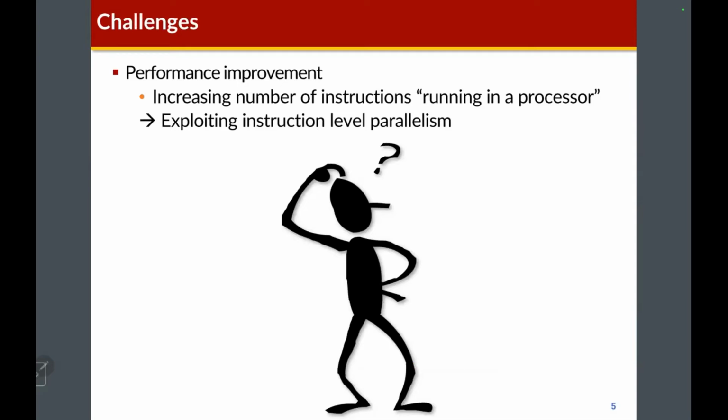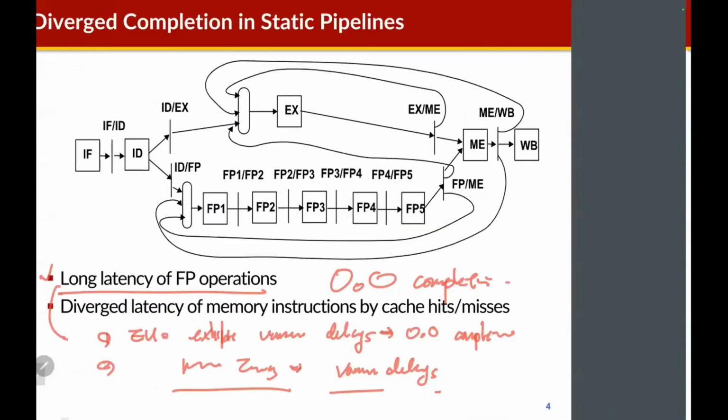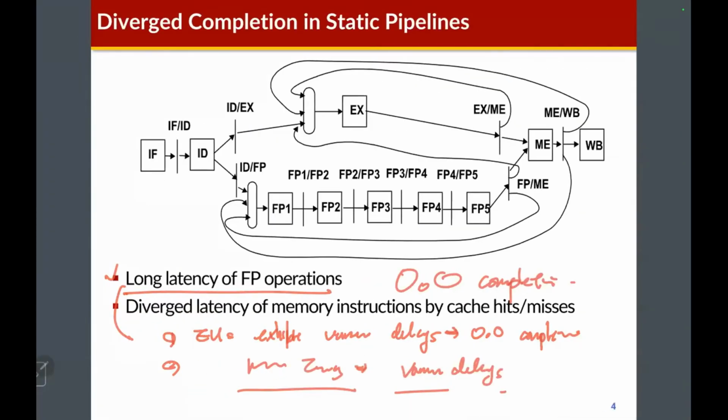Also another challenge is that with the static pipeline architecture, we cannot find any available instructions because of data dependencies. Another is the branch instructions. Because of the branch instructions and data dependencies, it is very hard to find the available instructions.